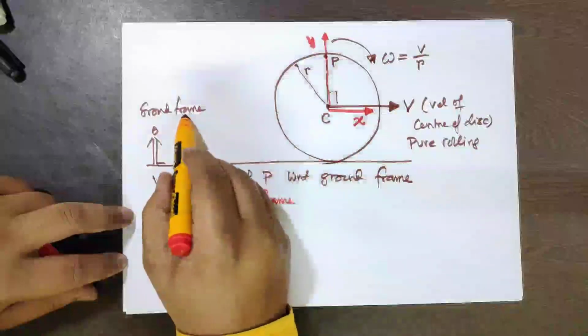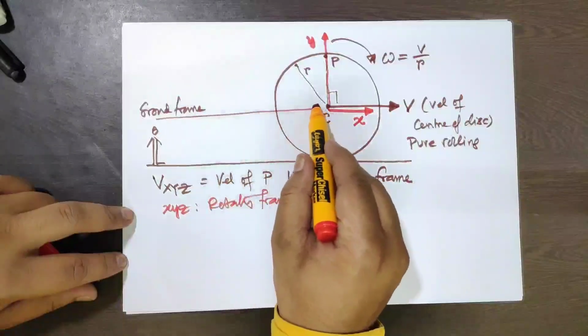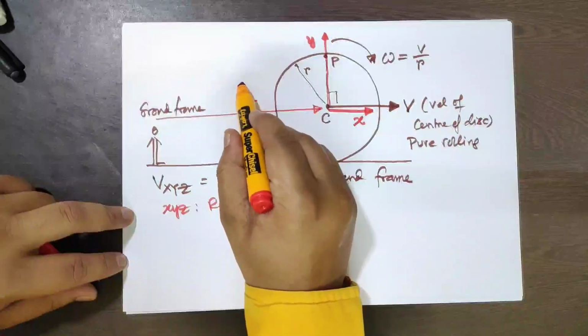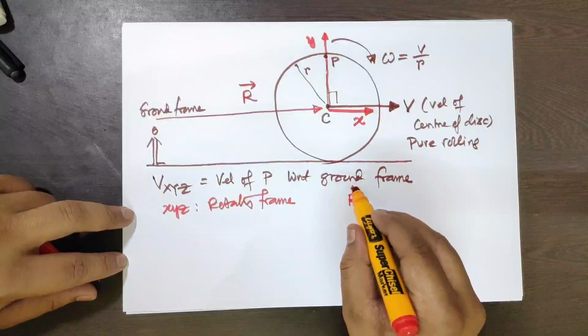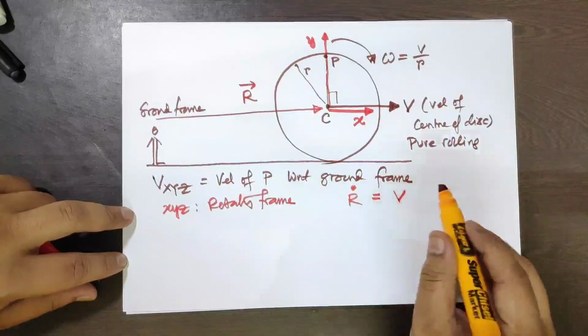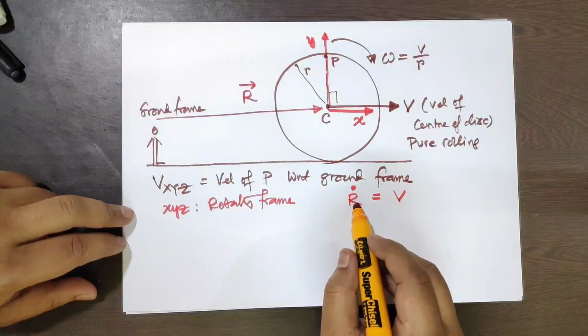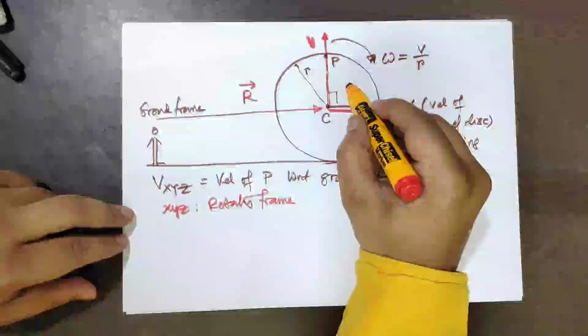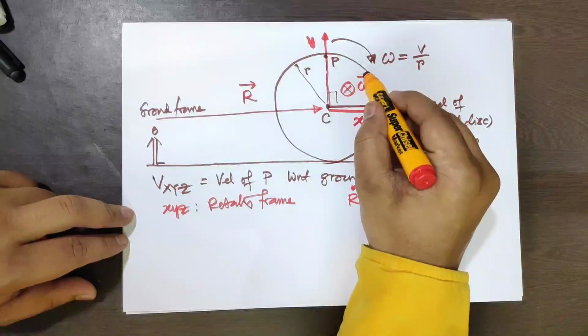It's translating also, right? Remember from the ground frame, this position vector is r, so r dot is equal to v. However, we will deal with that later. So this is the rotating frame, and the angular velocity vector omega is this way.